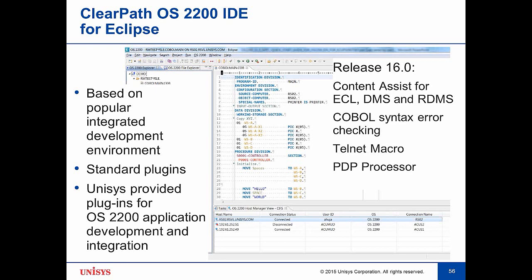The product can now be used for not only COBOL, which we would expect many of you have a lot of COBOL you need to manage and maintain and enhance. But recently we've added unique capabilities to support the DMS and RDMS interfaces that you would be using in COBOL, and the ability to edit run streams, ECL, some tool tips and so forth for ECL.